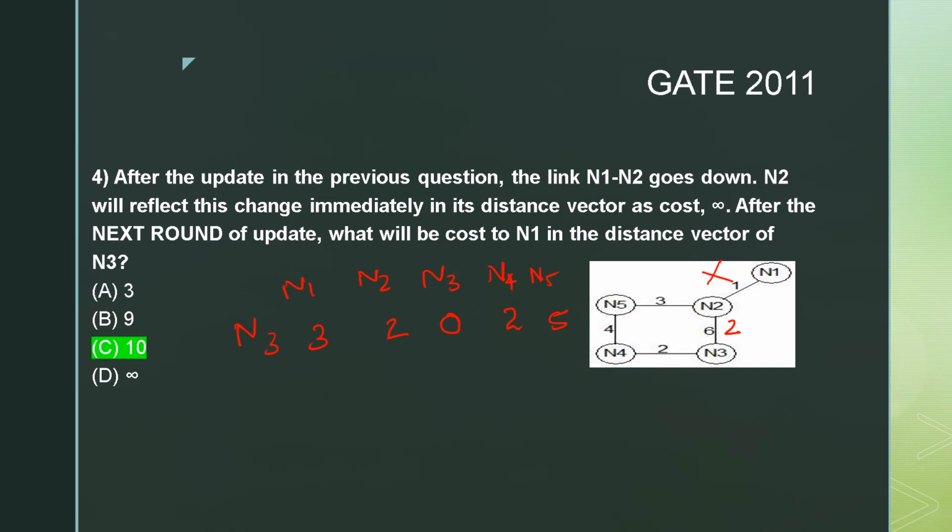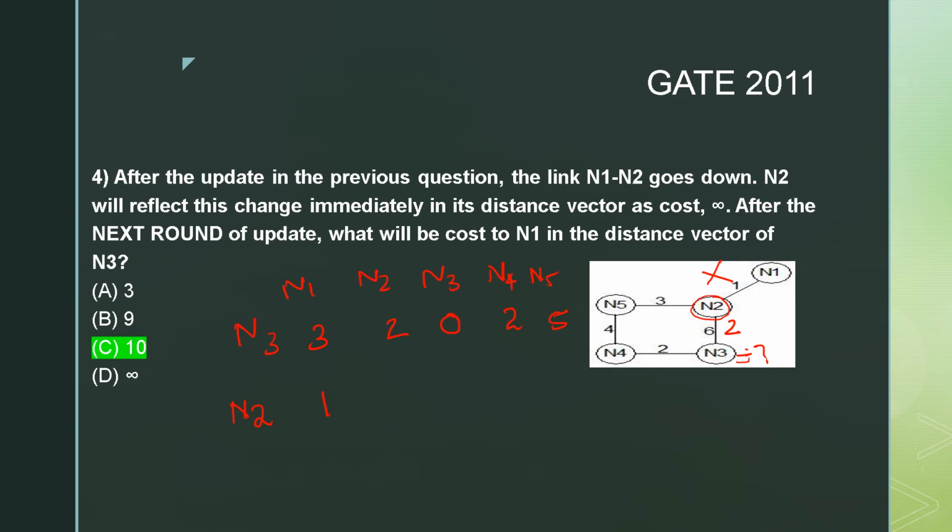Now what is the change in N3? That is the question. Whenever this breakdown happens, immediately N2 will change its value for N2 to N1. First of all, what is the cost of N2 to N1?